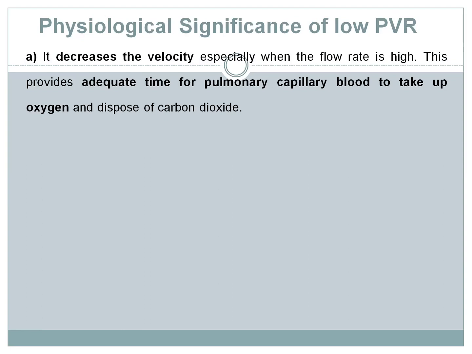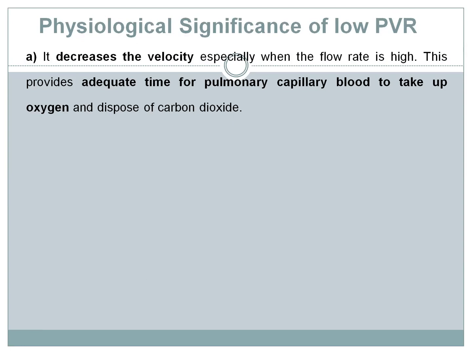The most important point which you have to remember is that the low resistance decreases the velocity, especially when the flow rate is high. And this provides adequate time for the pulmonary capillary blood to take up the oxygen and dispose the carbon dioxide.